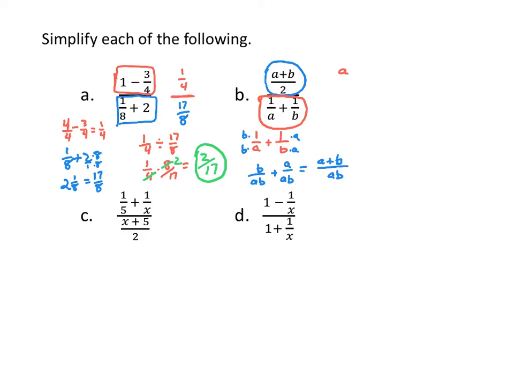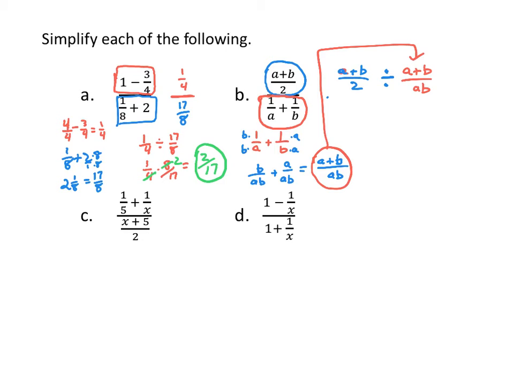So here's what I have now. I changed, let's go back to this. A plus b over 2 divided by a plus b over ab. Okay? All right.